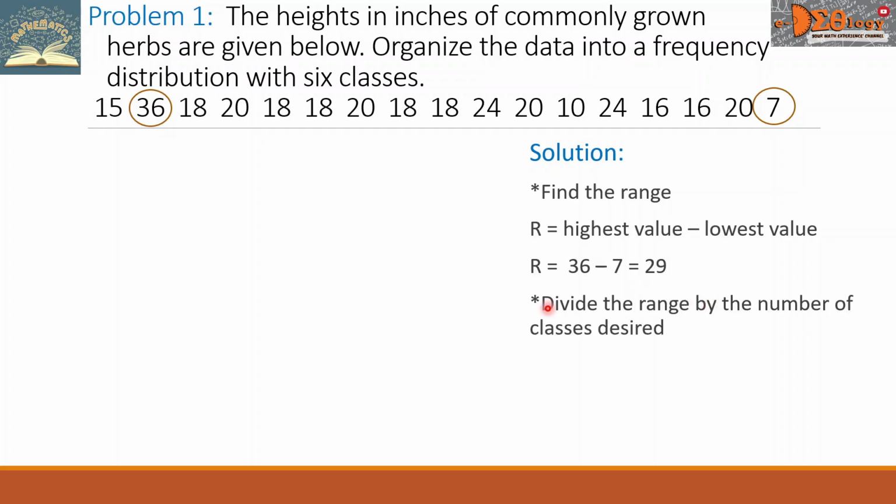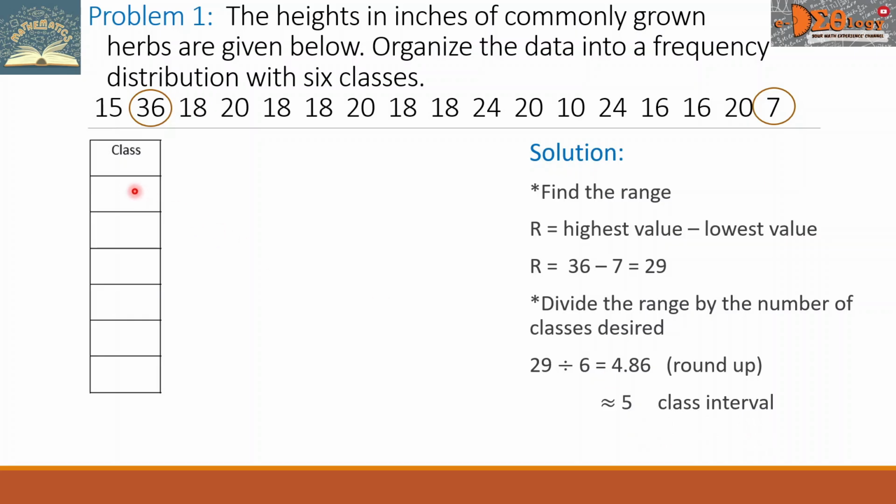Next, we divide the range by the number of classes desired. The range is 29. We divide this by 6, since in the problem we want 6 classes. So the quotient is 4.86. We will round this up to 5. This number 5 is what we call the class interval.